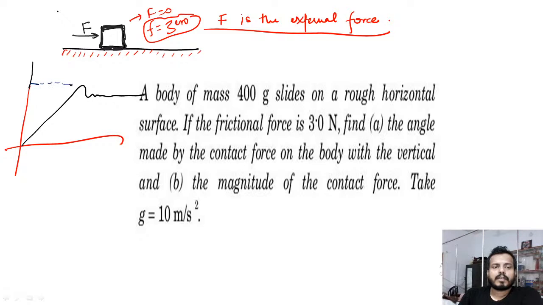So this is called the maximum value of static friction, and this value is your kinetic friction.